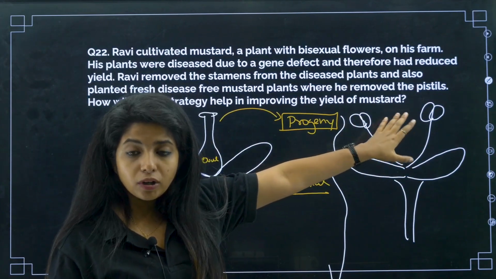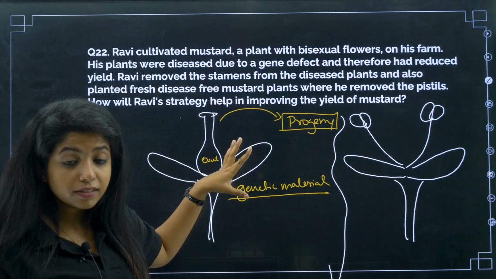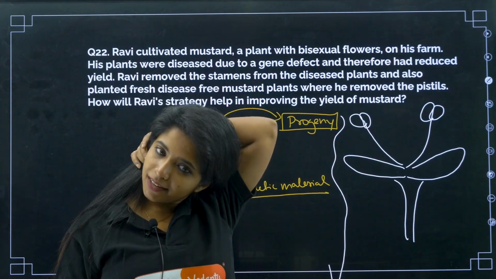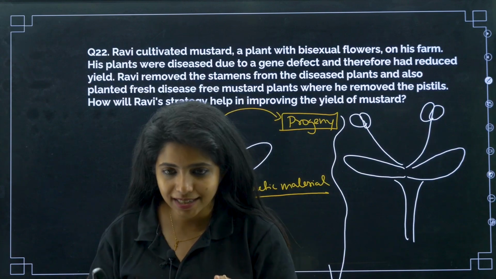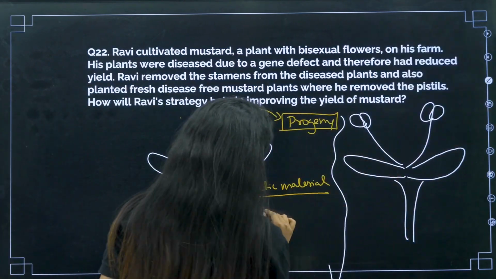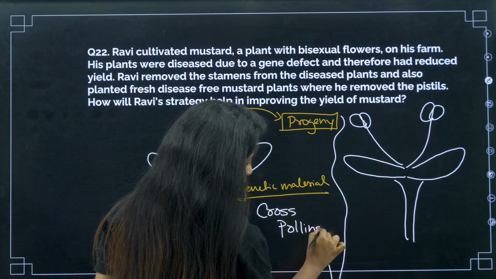This pollen grain landing on this particular stigma will result in a progeny that has a newer combination, my dear children. So obviously in this case the progeny is not diseased. And what do you call this type of pollination? You call this type of pollination cross pollination.